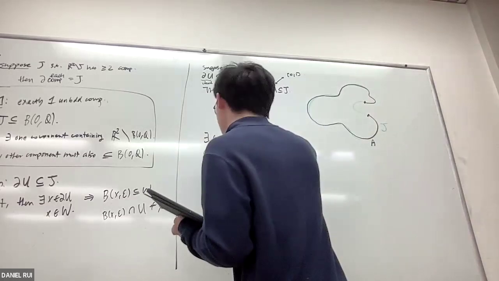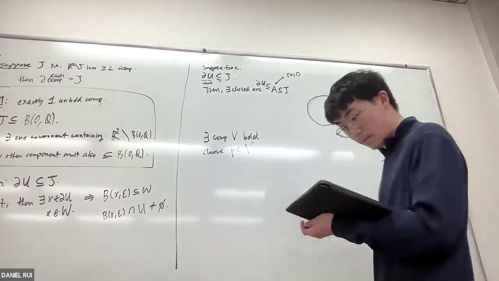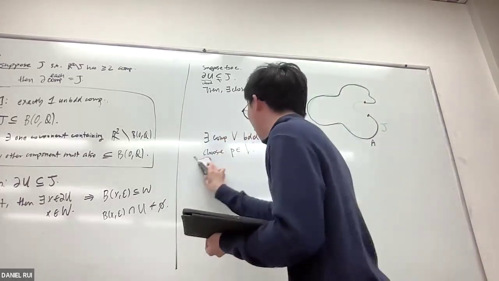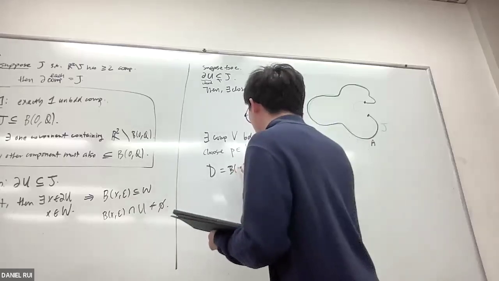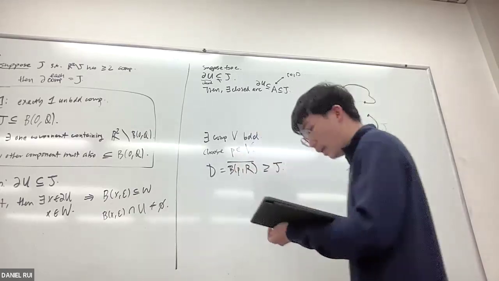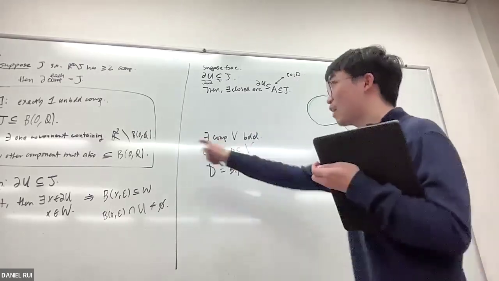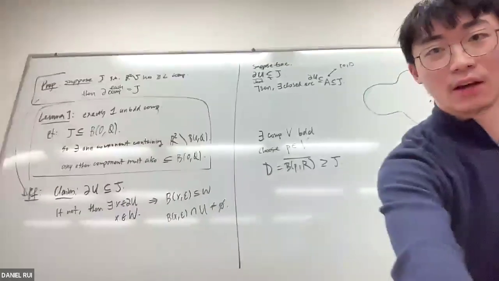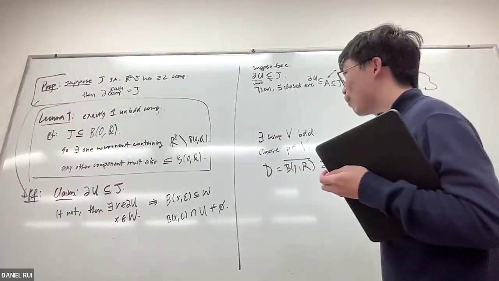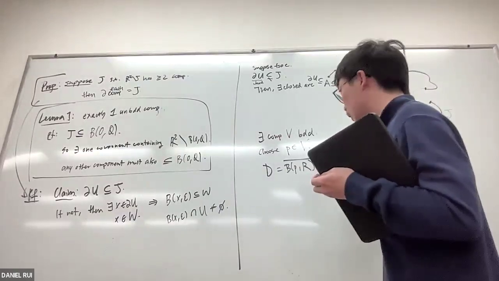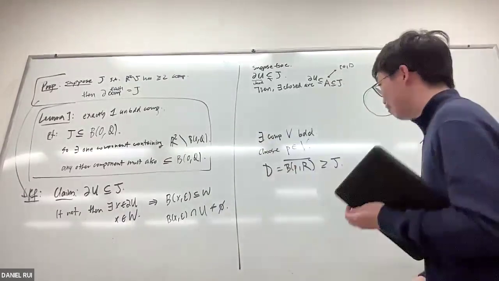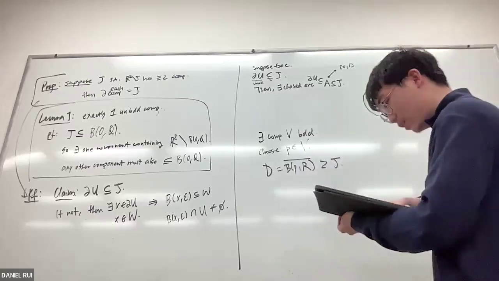Now choose any point P in V, and define the closed ball B(P, R) with R large enough that it contains J. In fact, by this argument over here, I can take R to be bigger than Q. All the other components are contained within this ball. That's why I made sure to prove the lemma first.